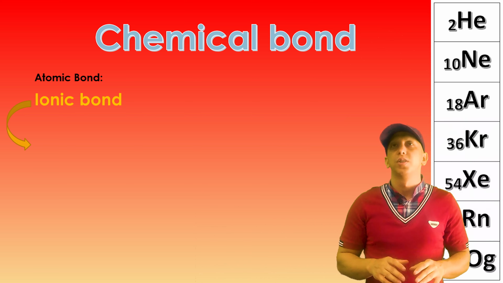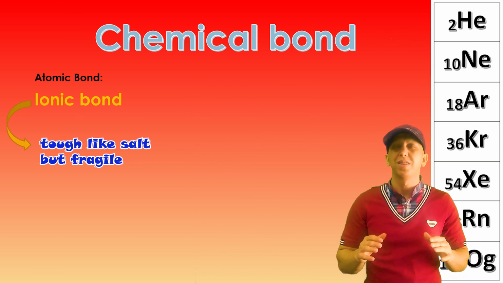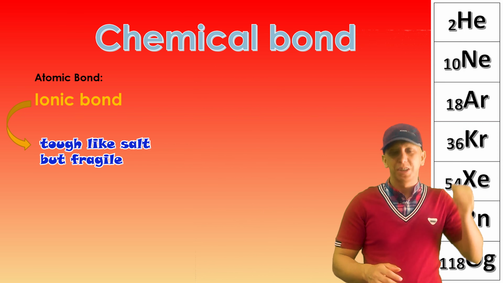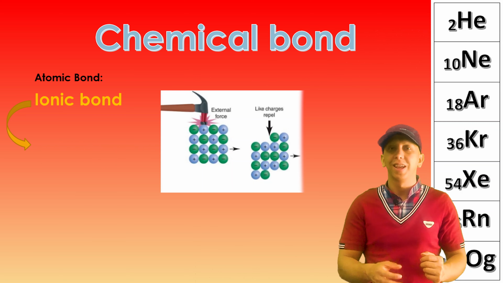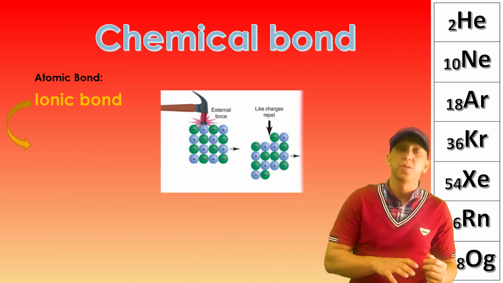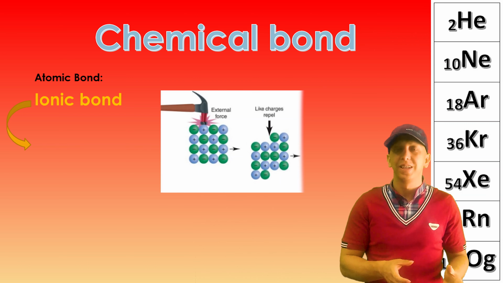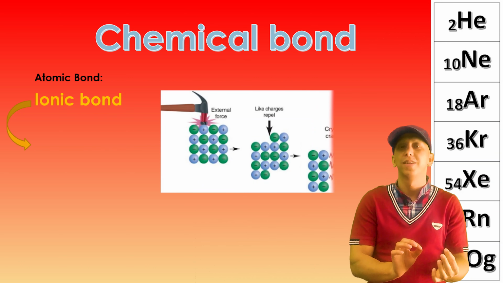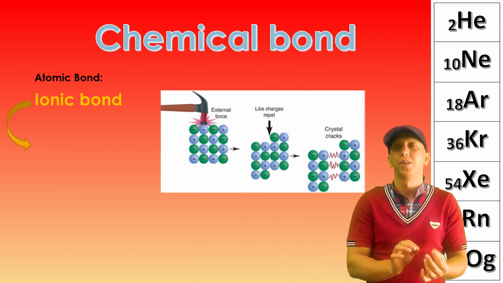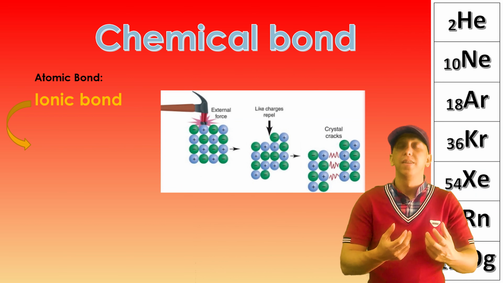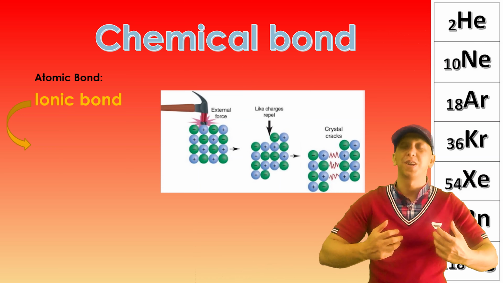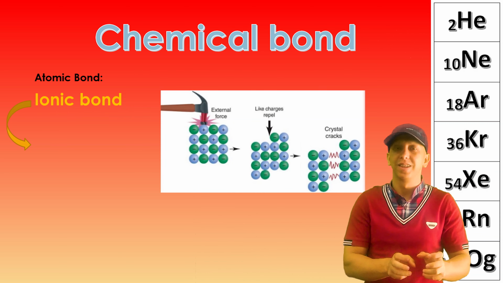Ionic bonds are so tough, like salt, but they are fragile, because when you kick an ionic bond, the electrons that are so regular in that material will lose their regulation, and two negative charges or two positive charges will be put together, and they want to escape from each other, and the material will be cracked.